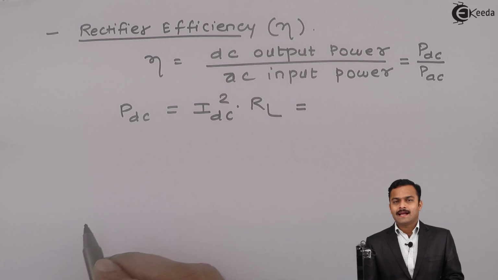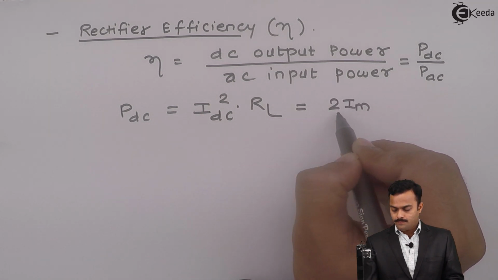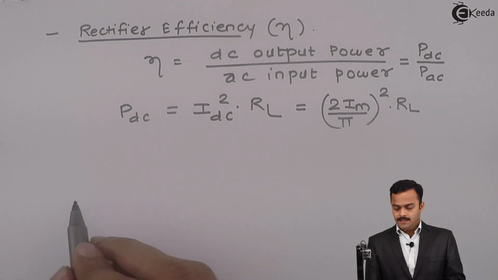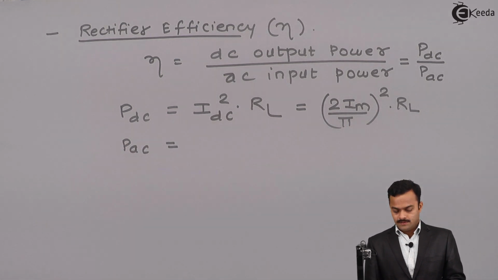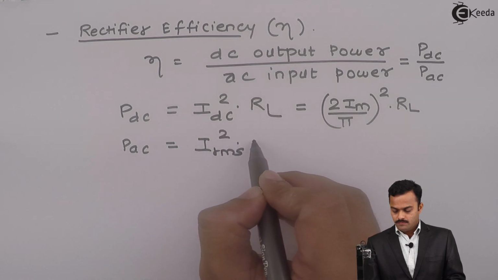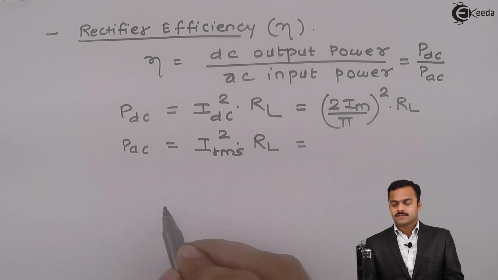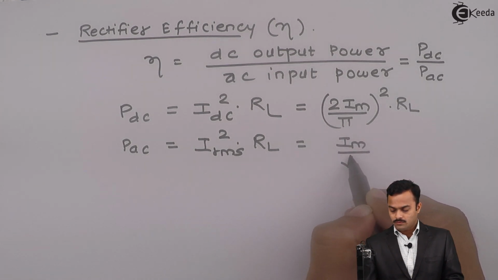IDC we have calculated as 2 Im upon pi, and PAC is nothing but IRMS square multiplied by RL, and IRMS we got as Im upon root 2.